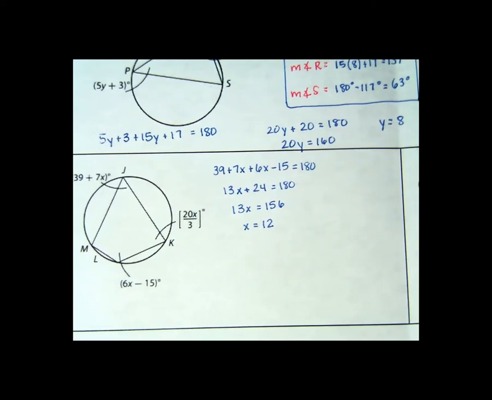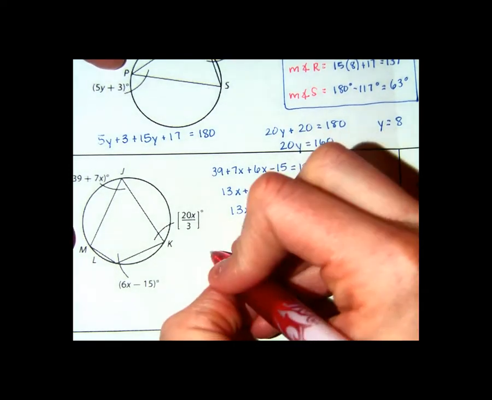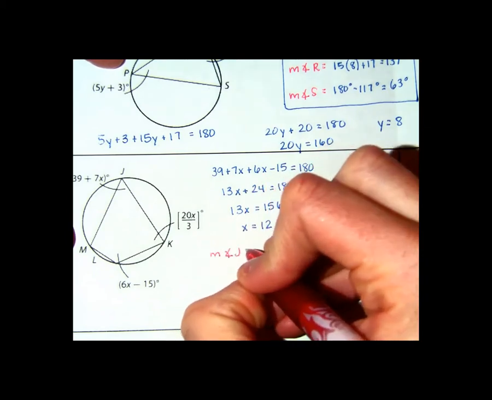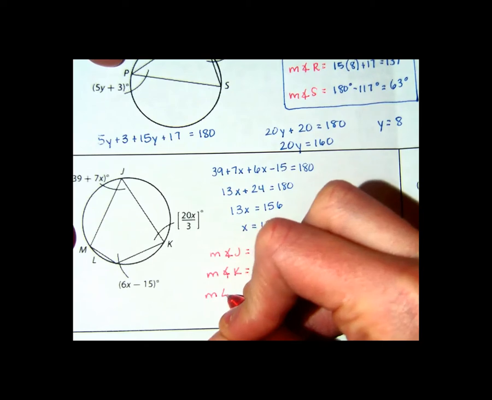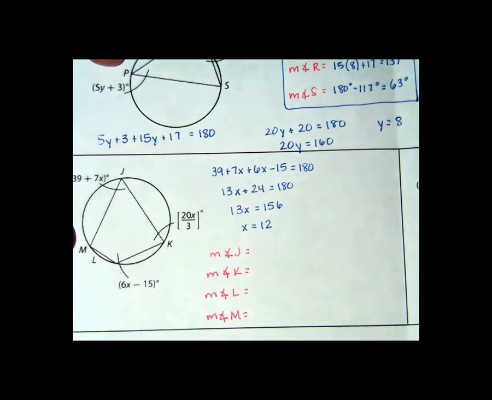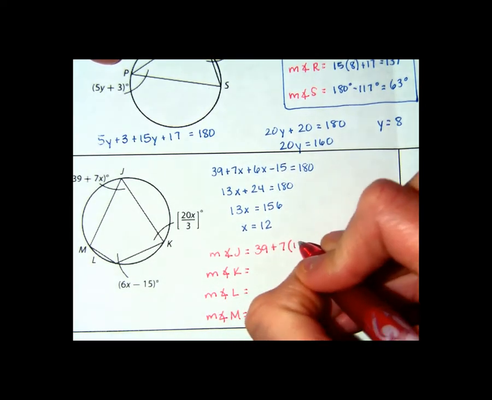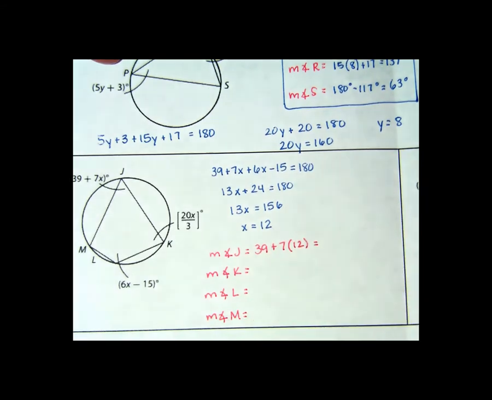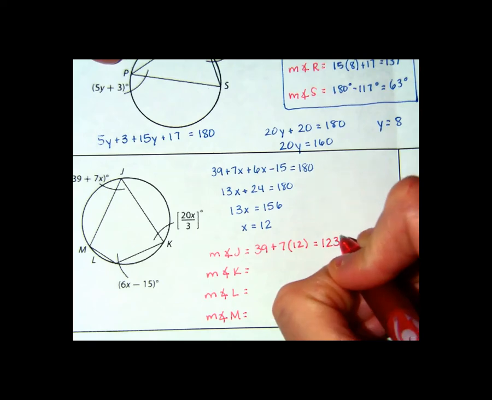Okay, next we have to plug it back in. So we're still just looking for the measures of the angles: measure of angle J, K, L, and M. So I'm going to plug in. J is 39 plus 7 times 12, and that is 123 degrees.